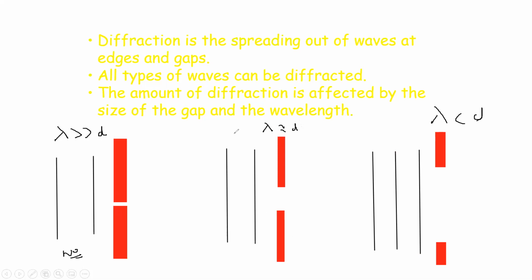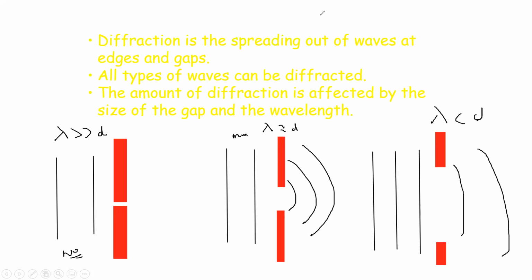Here, when they are approximately equal, we have maximum diffraction, so the wave will spread out more. Here it will spread out, but only a small amount. So this is maximum diffraction, this one is minimum diffraction, and the first one is no diffraction. So diffraction of the wave depends on the gap size.